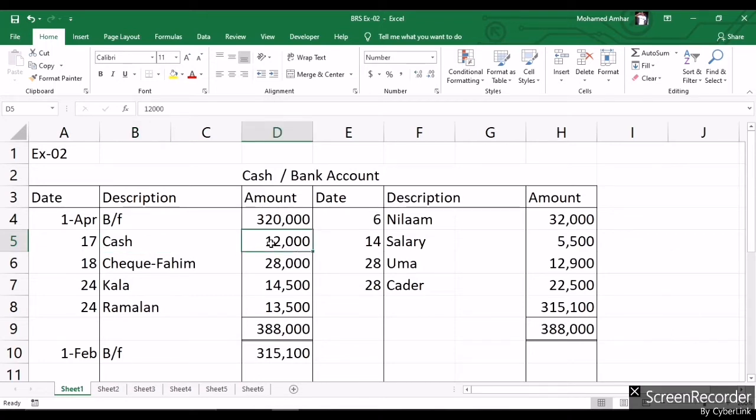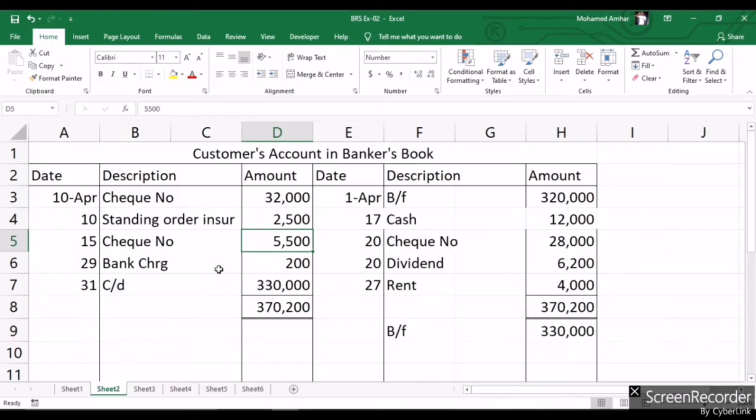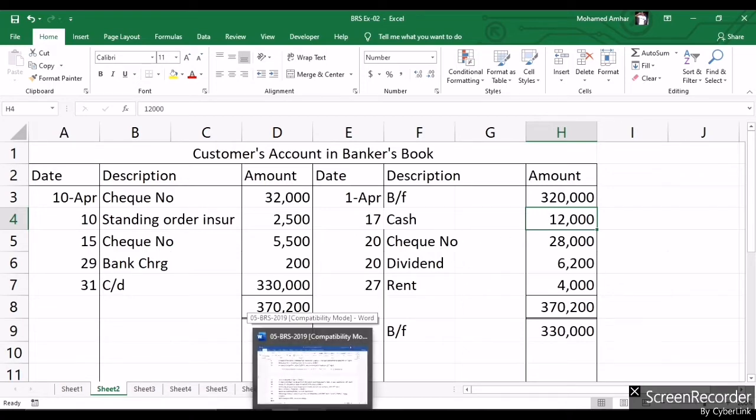And this 12,000 would have been recorded by the bank also. Here that deposited money would have been received by the bank on the same day, 17th. The bank would have written it as cash. How much? Received 12,000. Right.